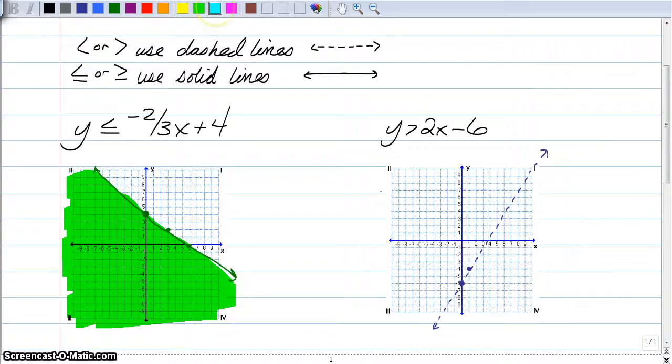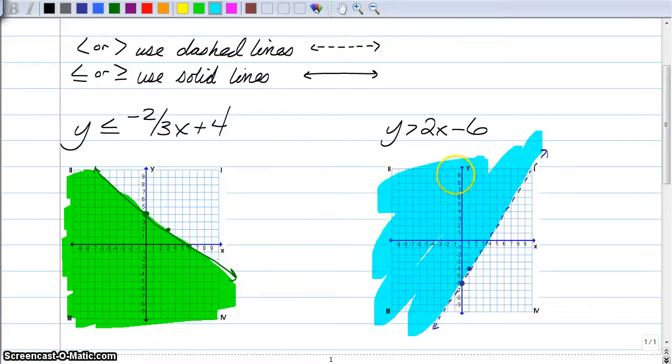So to shade this one, when y is greater, that means y goes above. Okay, so then you would just shade above, and you are good to go. You don't need a highlighter. You can just sketch it with your pencil. As long as you are very clear to me which region you are shading, you are good to go.